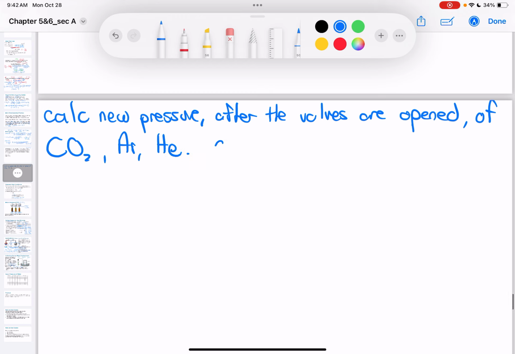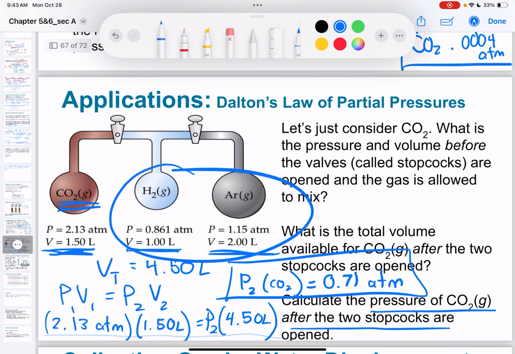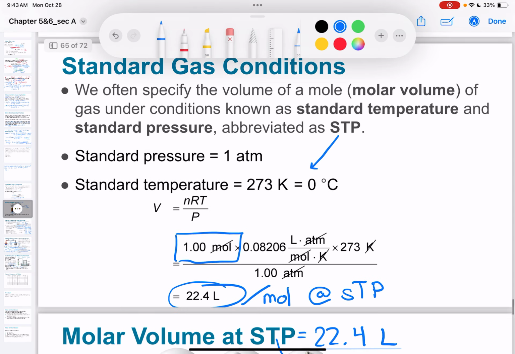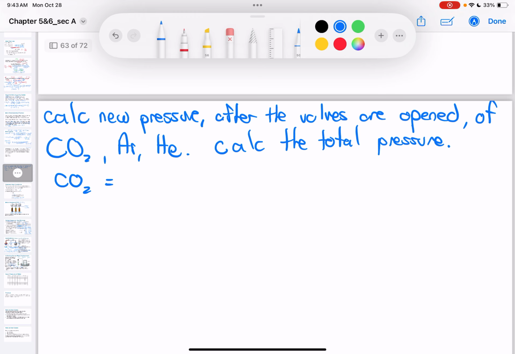And then we're going to say calculate the total pressure. Okay, so we already did CO2. That was 0.71 atmospheres. And I just saw it's not helium, it's hydrogen.